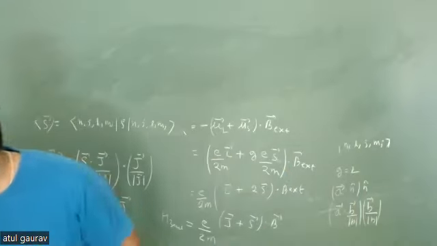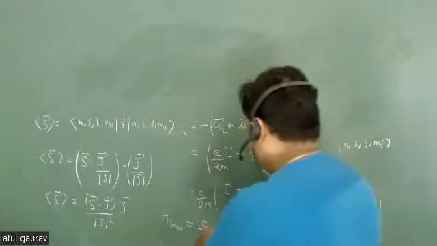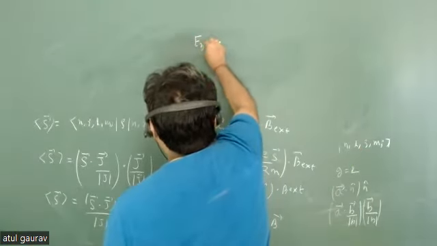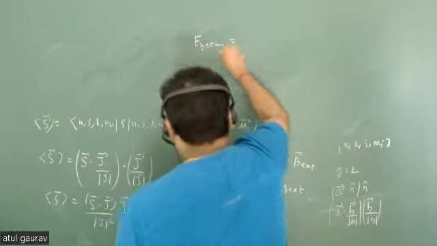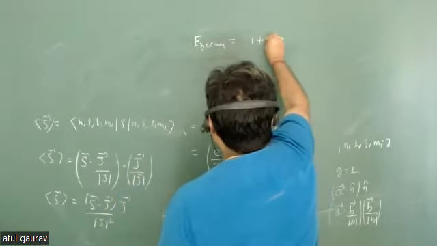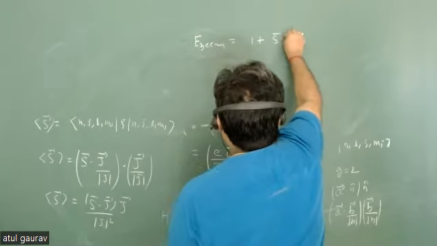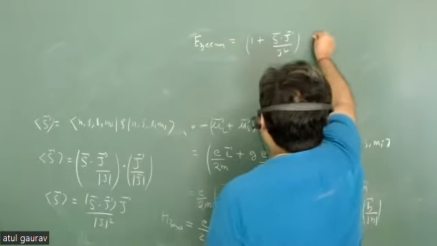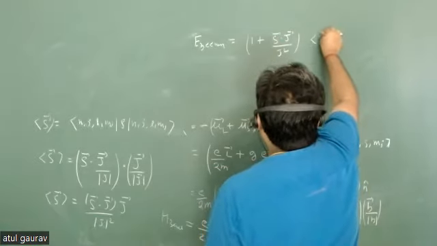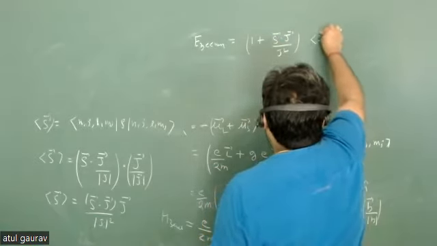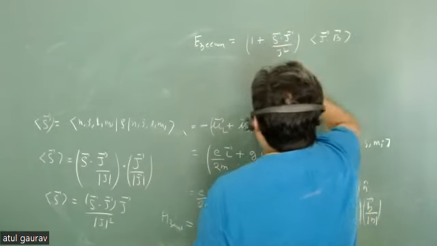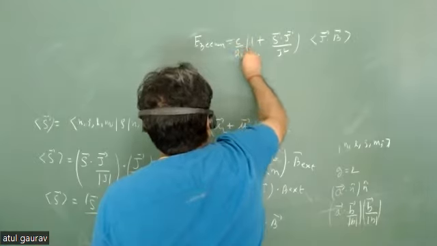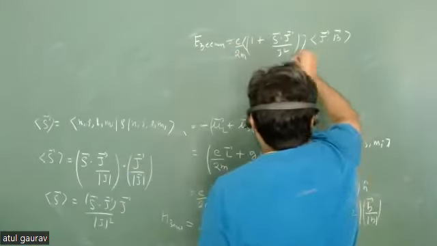Now the whole thing can be written as this Zeeman effect. So E Zeeman is given by 1 plus S dot J by J square, and here is basically J dot B, isn't it? And you have e upon 2m, and we have to take the average value of this also.